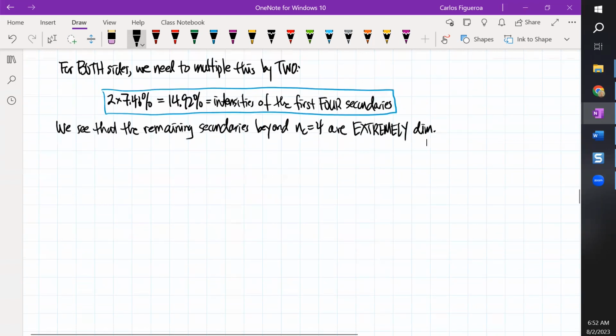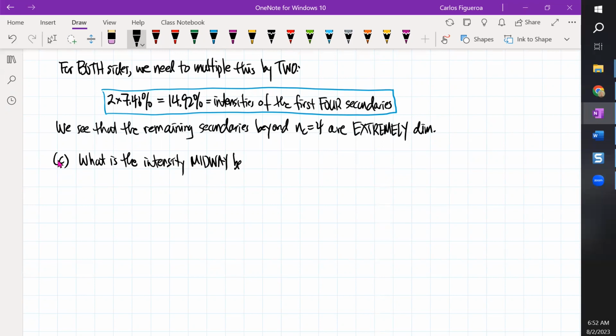Now, let's do the last part of this question, and we're now at C. What we want to do here is, what is the intensity midway between the central max and the first minima?